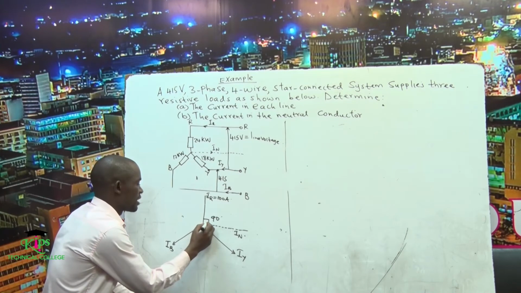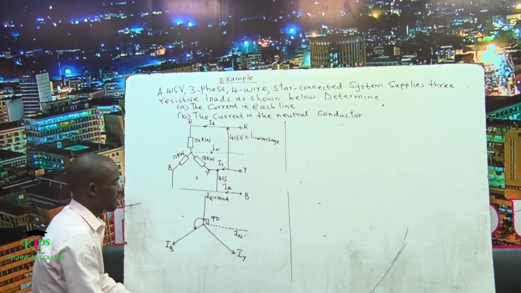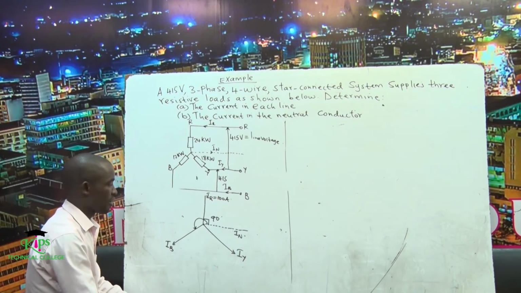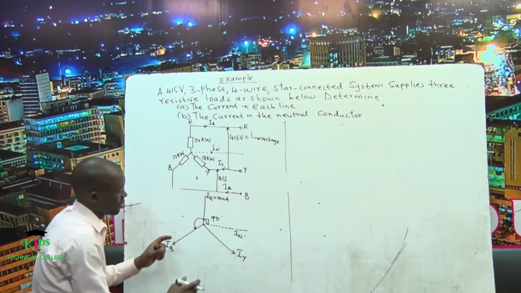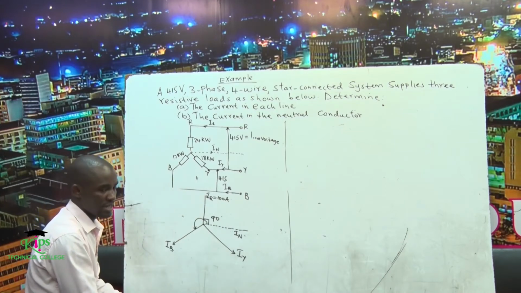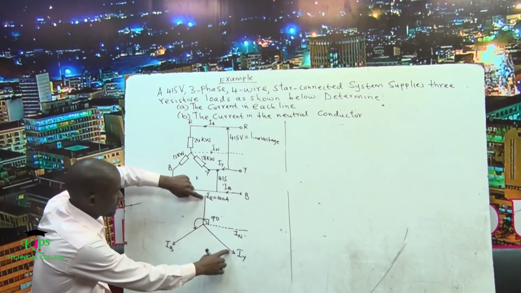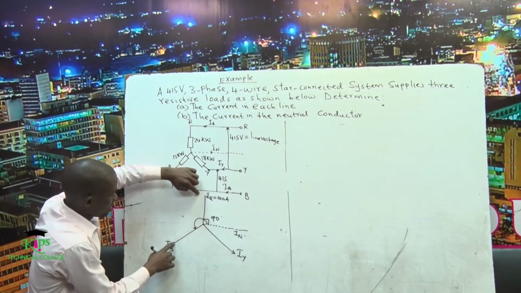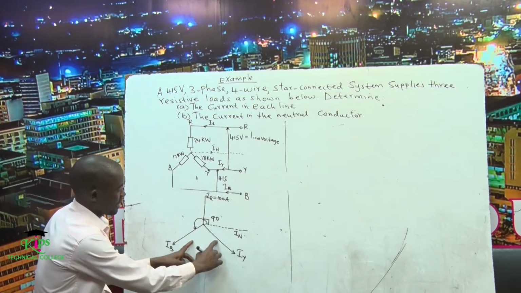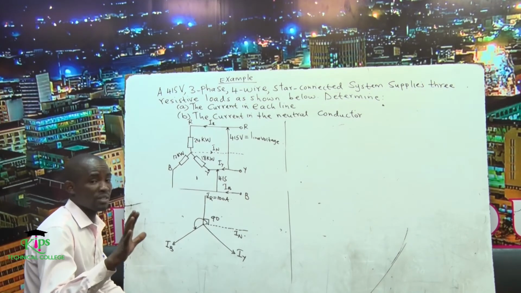The angle between the neutral and the blue phase is what? What will be the angle? Remember, these three currents are displaced 120 degrees. That is the first thing that you need to note. Between this and this is 120, this another 120, this another 120, because the three currents are displaced 120 degrees apart.